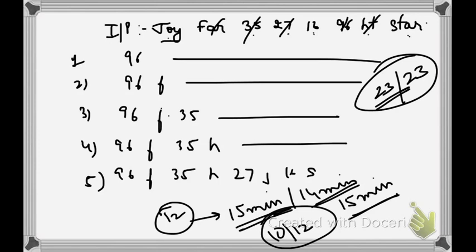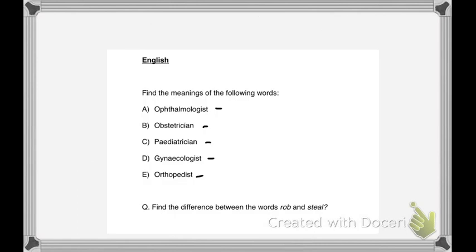You could have easily done near about 12 questions from the first part of quants, 12 questions from the second part, and 10 questions from this part. So overall, a 90% attempt would have been very easy in this section.